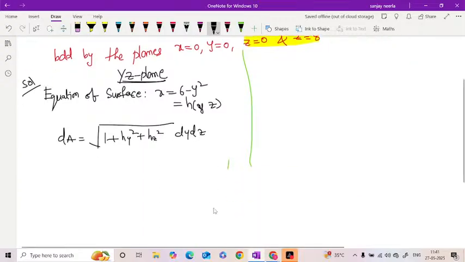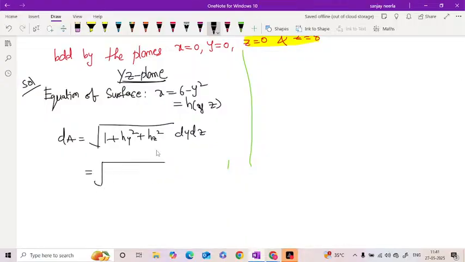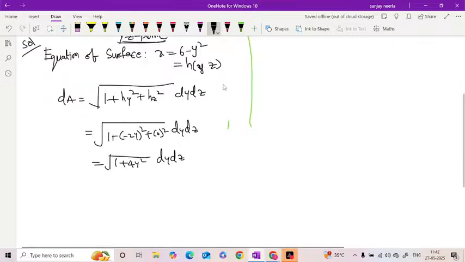Now simplify. After differentiating with respect to y we get minus 2y whole square, and after differentiating with respect to z we get 0, dy into dz. That means here we will get under root of 1 plus 4y square into dy into dz. This is the calculation of the dA.